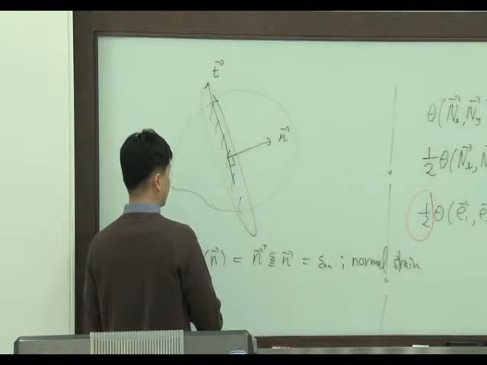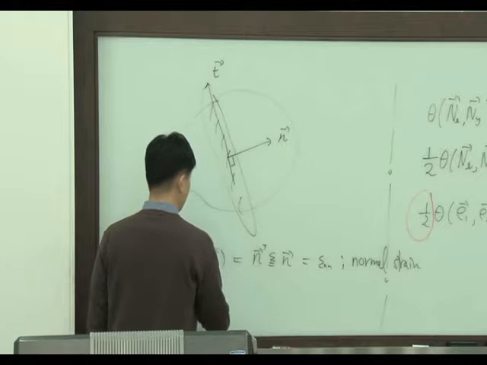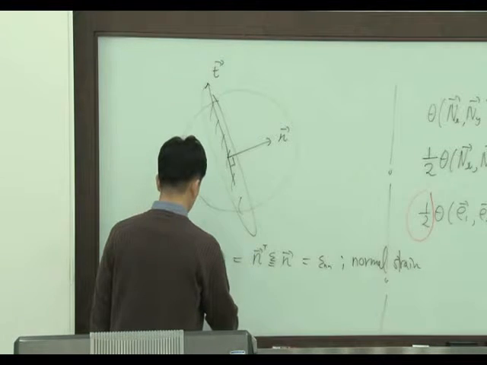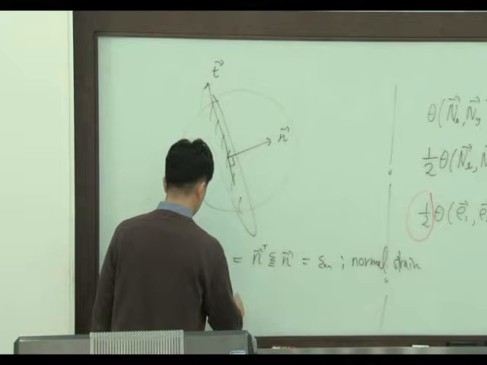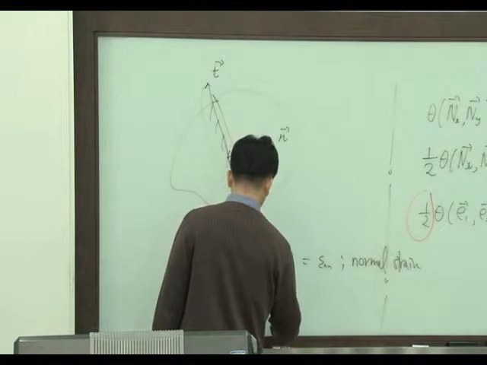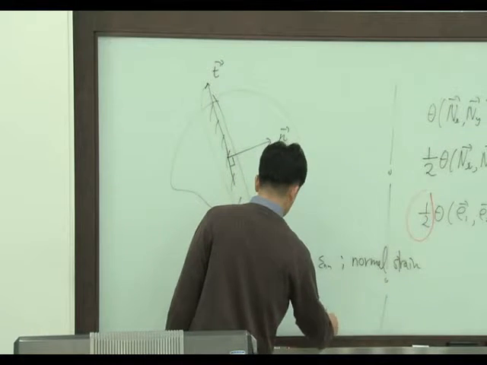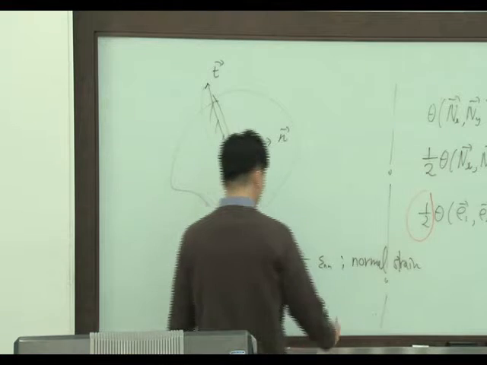And one half theta of n and t equals n transpose small strain t. This is the shear strain.